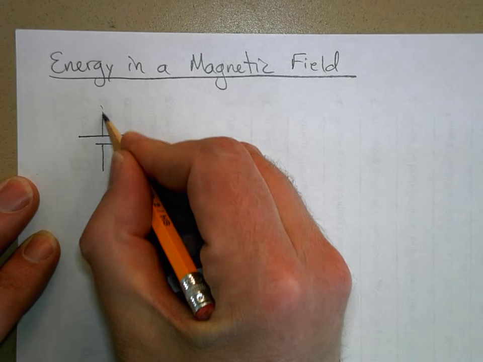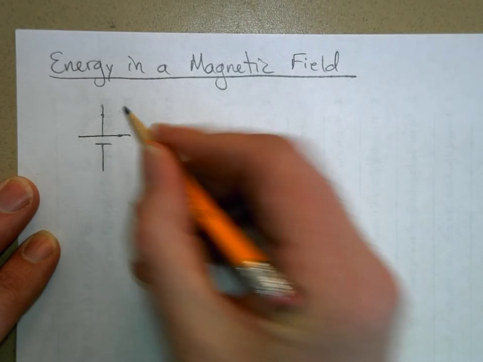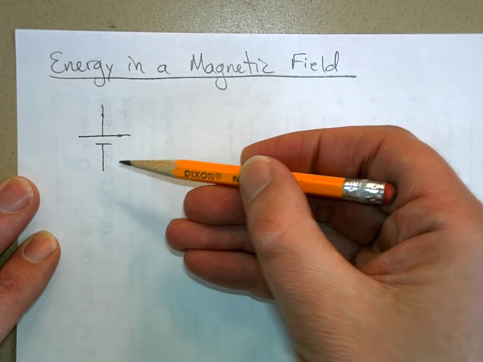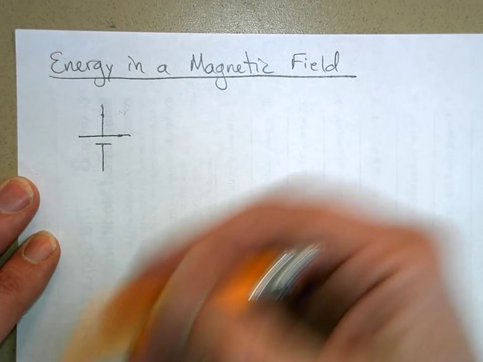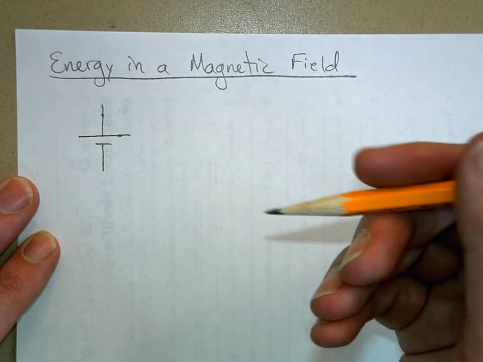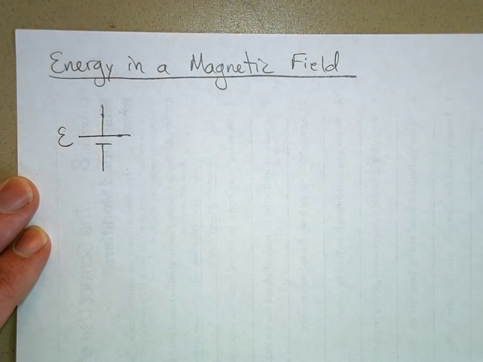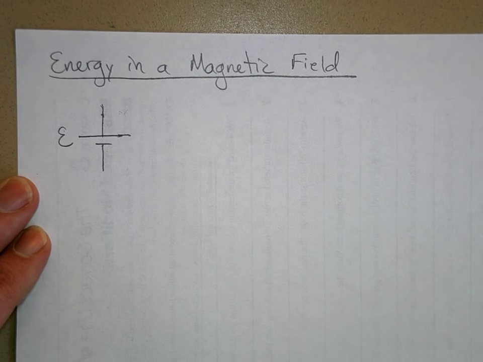And so all the little charge carriers up here at the top of the battery are going to have more energy per unit charge than down here. So this is the supply of energy to the circuit. Okay, and we give it an EMF or a delta V, a voltage.